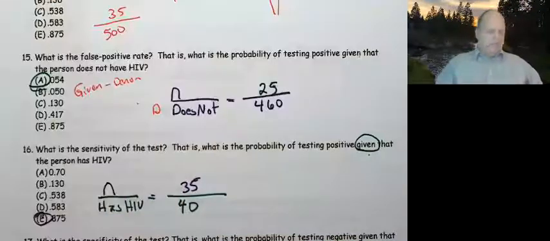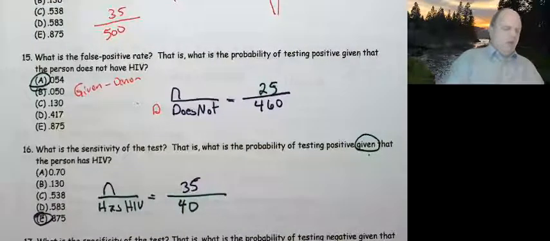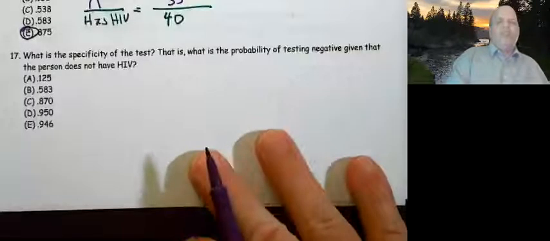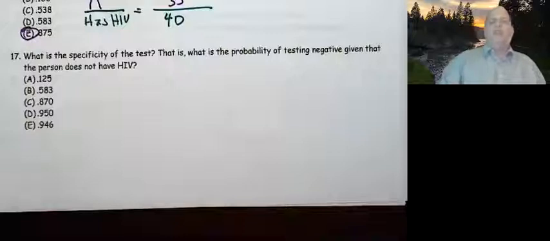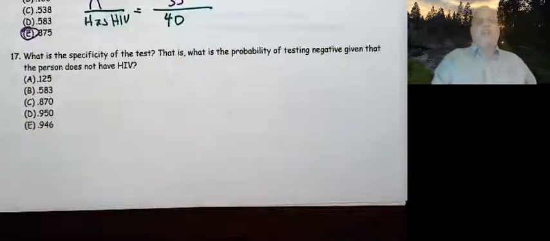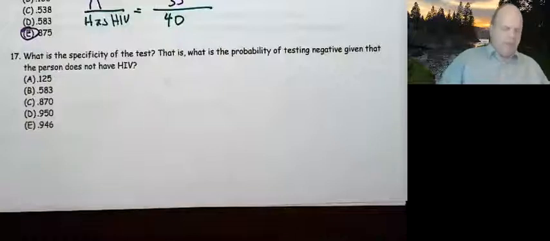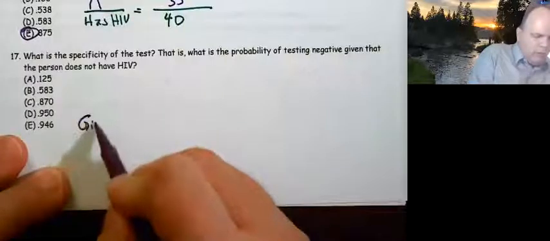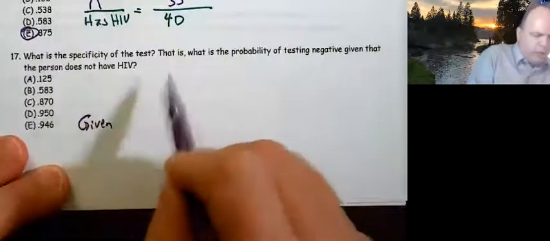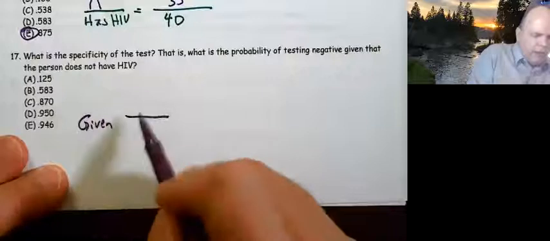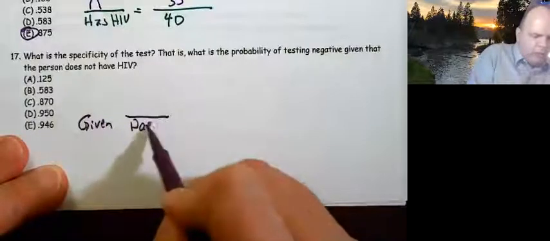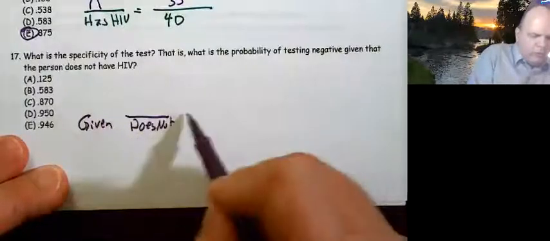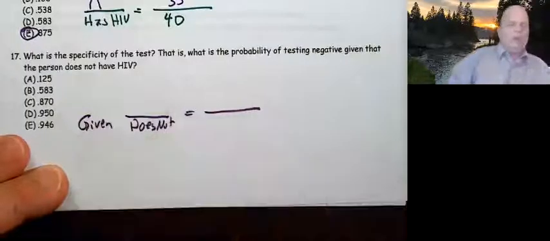All right, on number 17. What is the specificity of the test? That is, what is the probability of testing negative given that the person does not have HIV? So given, that's my denominator word, does not. So we're going to look at our little table here.